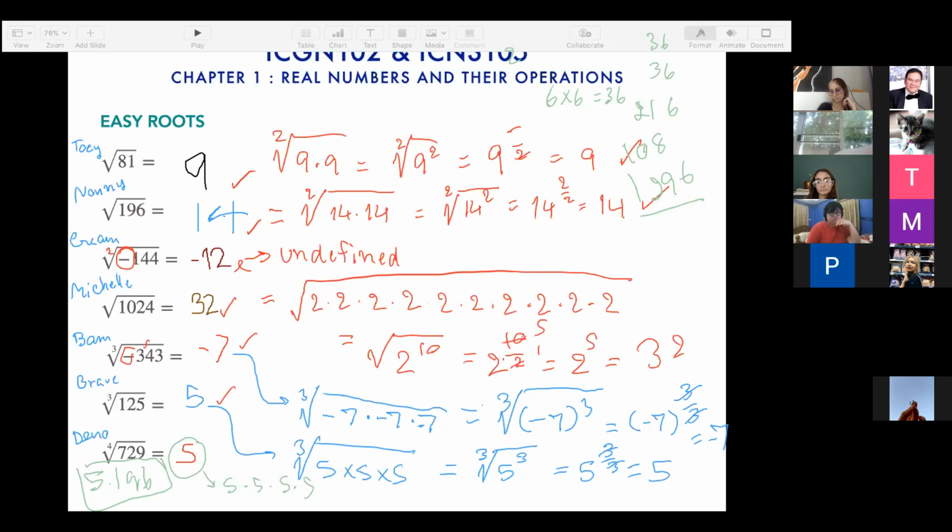Yes. So for the even root, meaning the index is an even number, like square root or fourth root. Hang on, listen to me first.